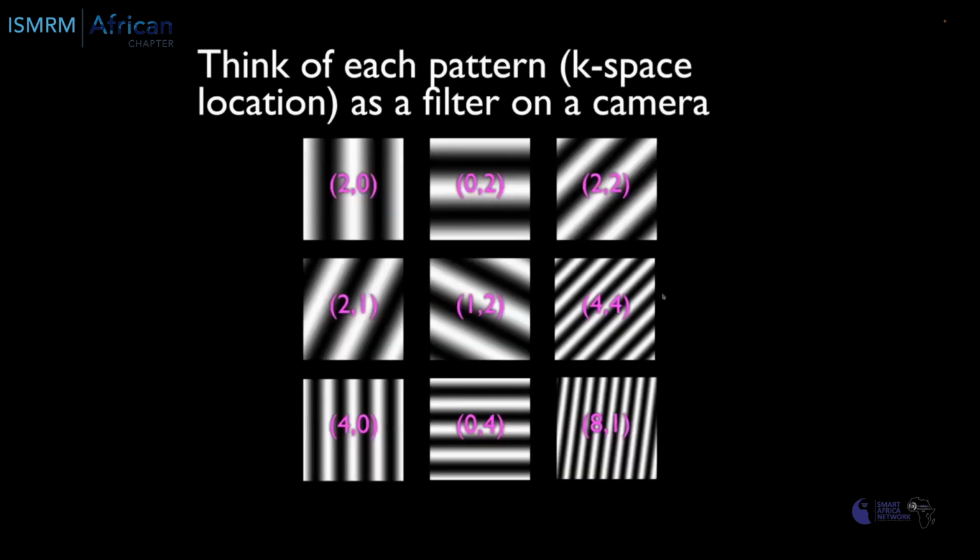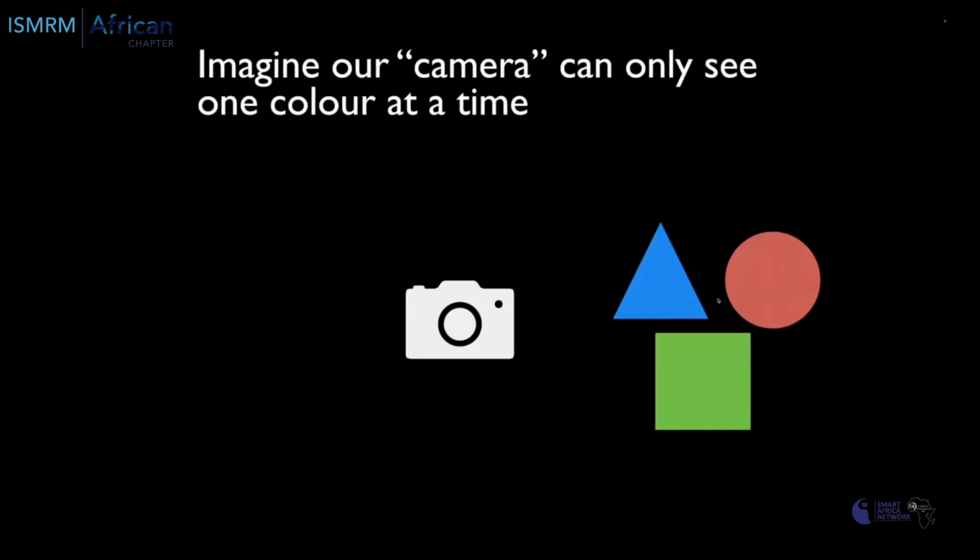So really what we want to do intuitively is think of each of these patterns as like a filter on a camera. And just to provide a simple analogy, you can imagine a camera like they had 100 years ago, before they had color cameras. The only way to reconstruct a color image was to take a photo with one color filter at a time, right?